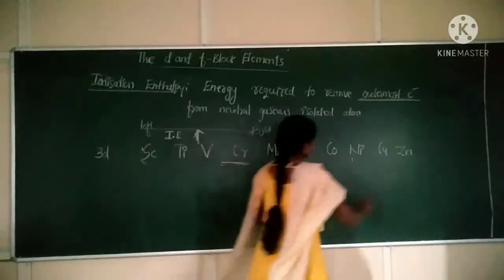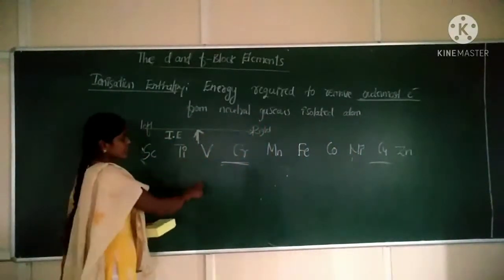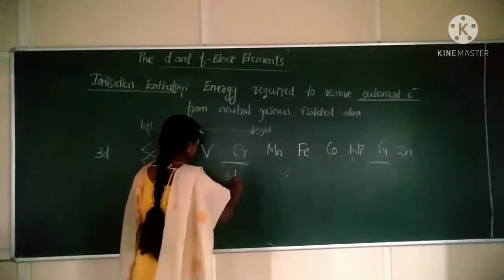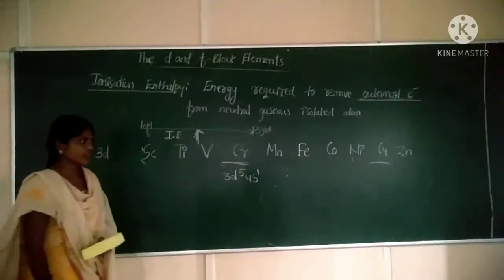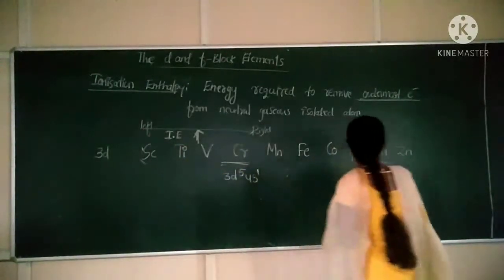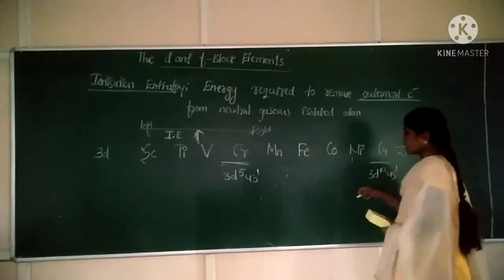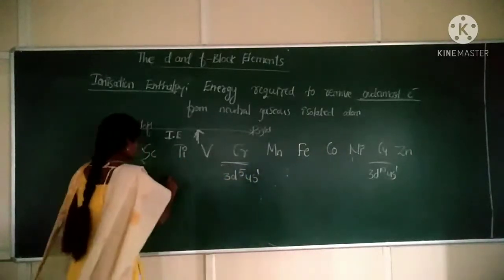So what are those? Chromium and copper. What is the electronic configuration of chromium? Chromium configuration is 3d5 4s1. Next, copper configuration is 3d10 4s1. We have defined ionization enthalpy.